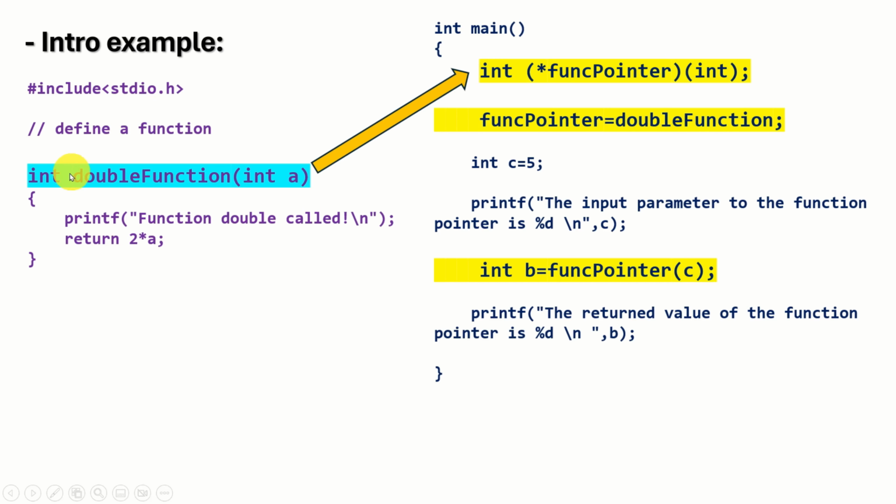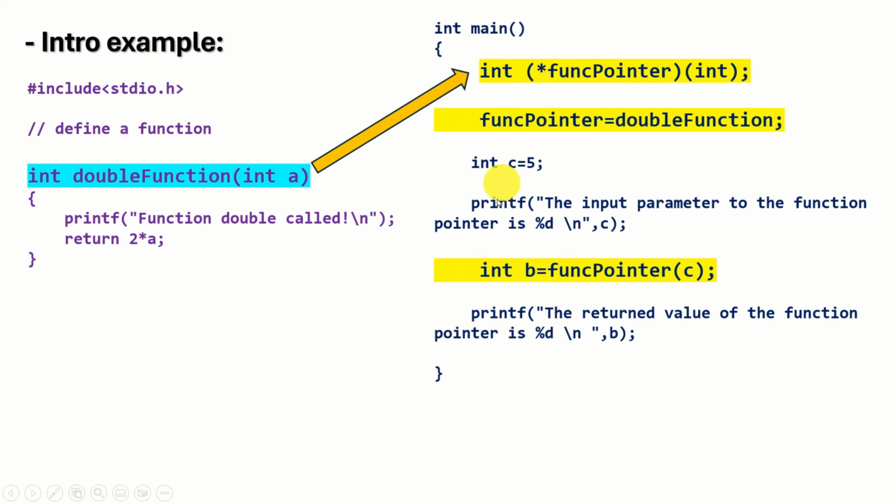Let's start from the beginning. Over here, we declare a function that accepts an integer and returns a double value of that integer. Inside of this function, we print the message "function double called", and we print this message in order to make sure that we are calling this particular function.